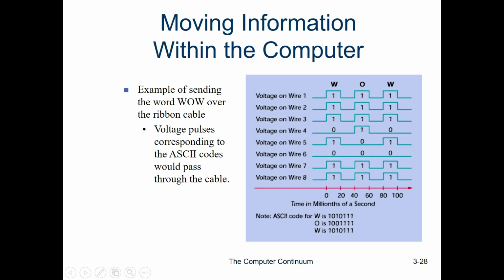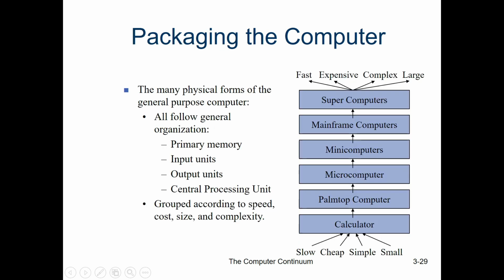Now, in order to transfer this over the wires, we need to use 8 wires, one for each separate voltage. We need to send each separate voltage pulse into the computer's cables. That's how the word is transferred inside the computer.